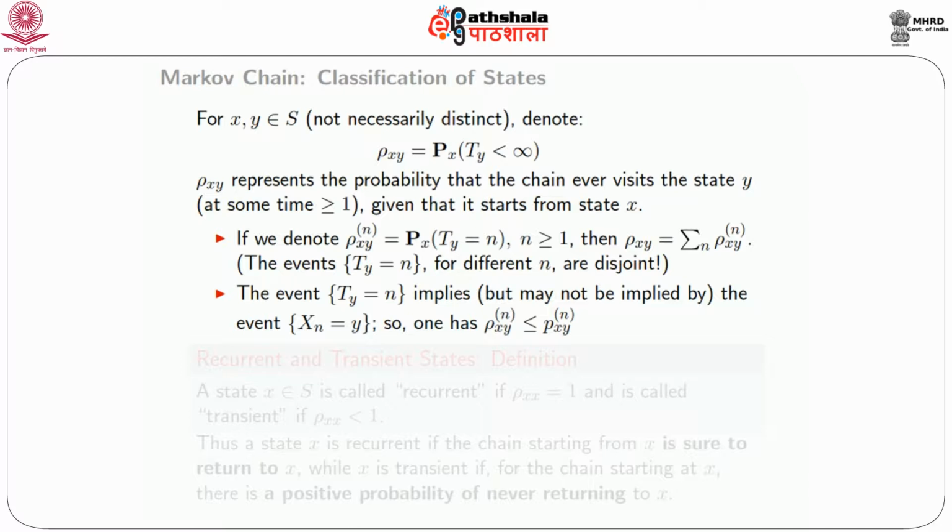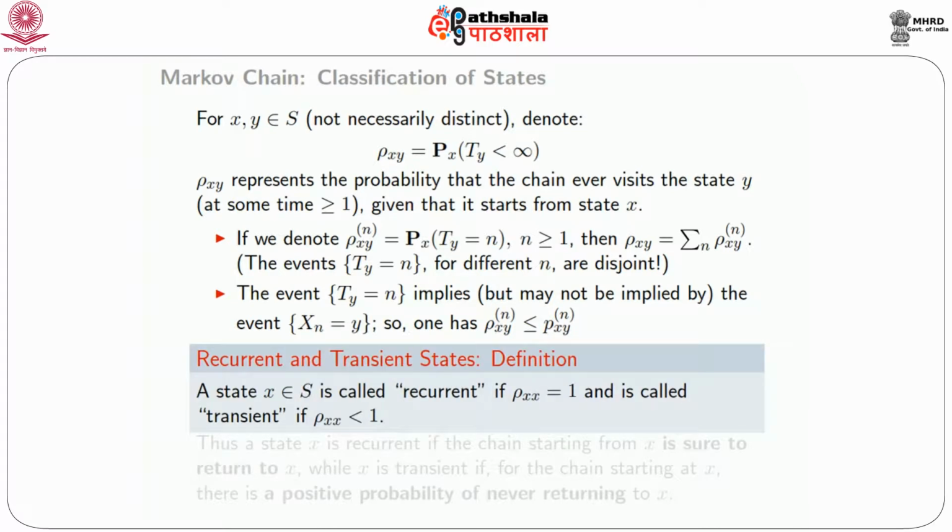So X_1 is not equal to x, X_2 is not equal to x, X_(n-1) is not equal to x, and X_n equals x is exactly what the event T_x equal to n represents. Therefore, it's clear that T_x equal to n implies X_n equal to x. Therefore the probability of the first event would be less than or equal to the probability of the second event, conditioned on the chain starting at x.